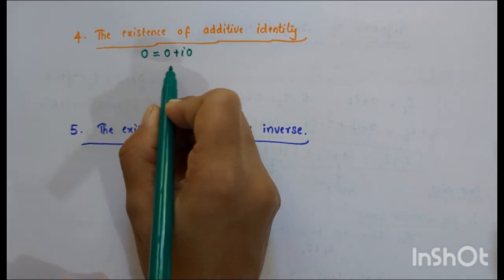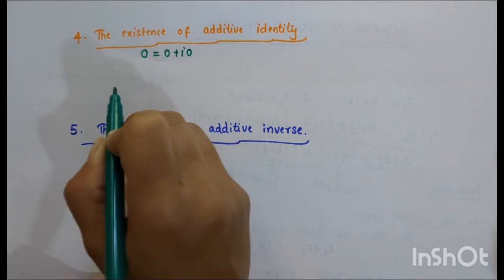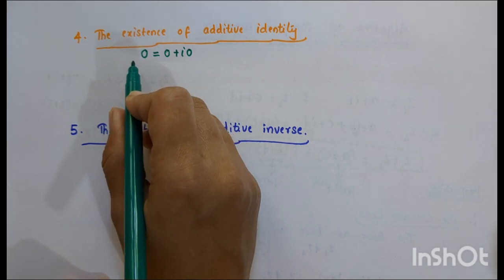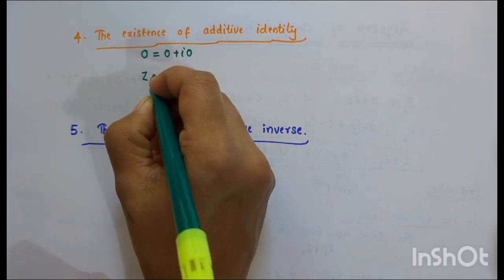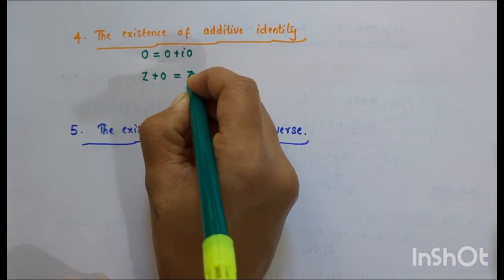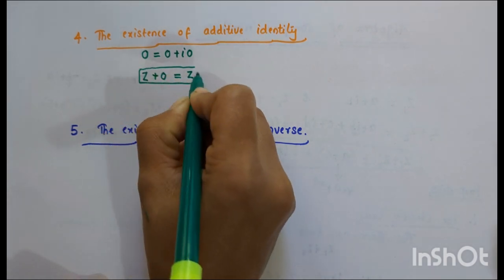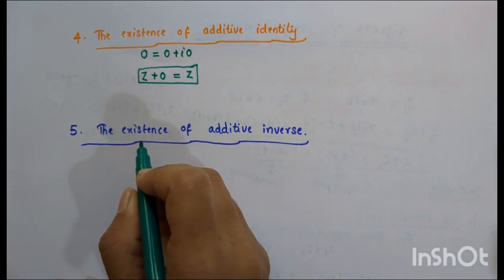This is called the additive identity or zero complex number. So you see, 0 is the additive identity in complex numbers such that for every complex number z, when you add this additive identity with that complex number, you will get that complex number itself. z plus 0 will be equal to z, then 0 is the additive identity or zero complex number.